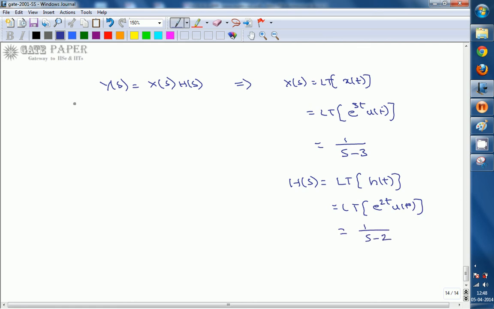By substituting, we get Y(s) equals 1 by (s minus 2) into 1 by (s minus 3).